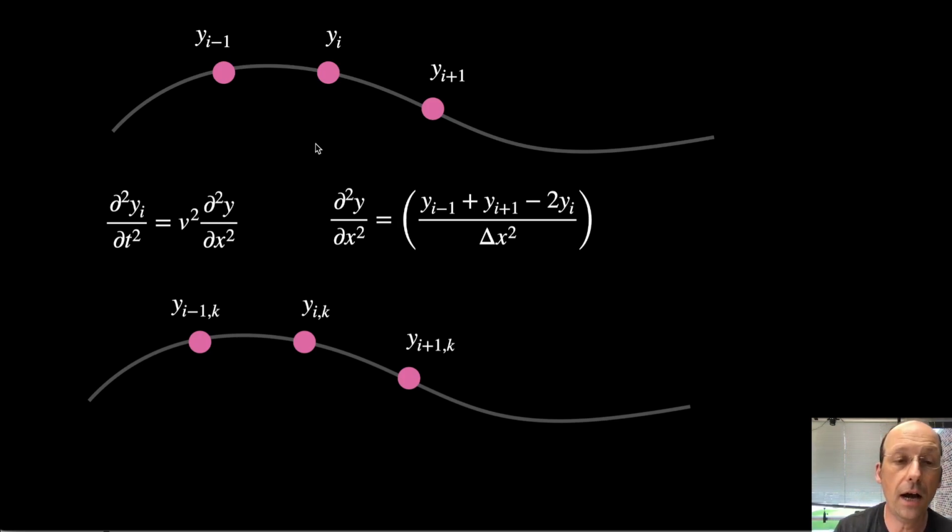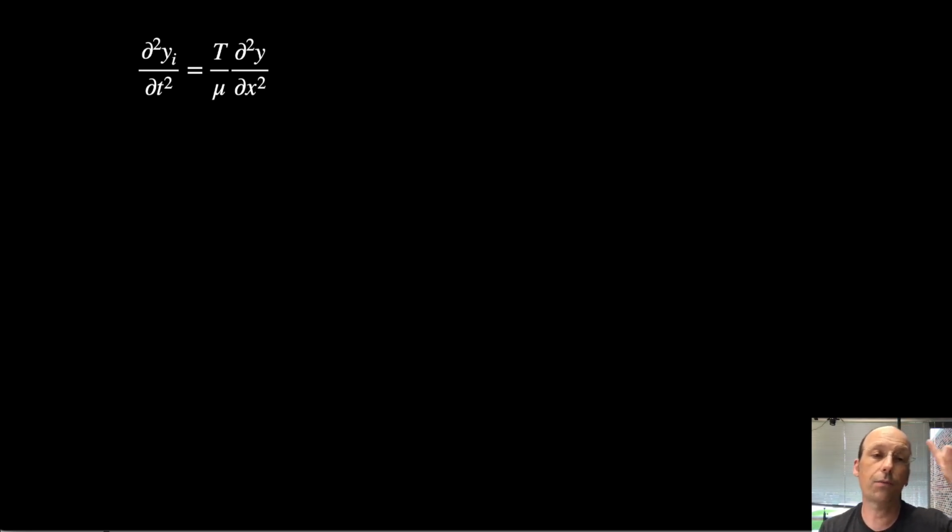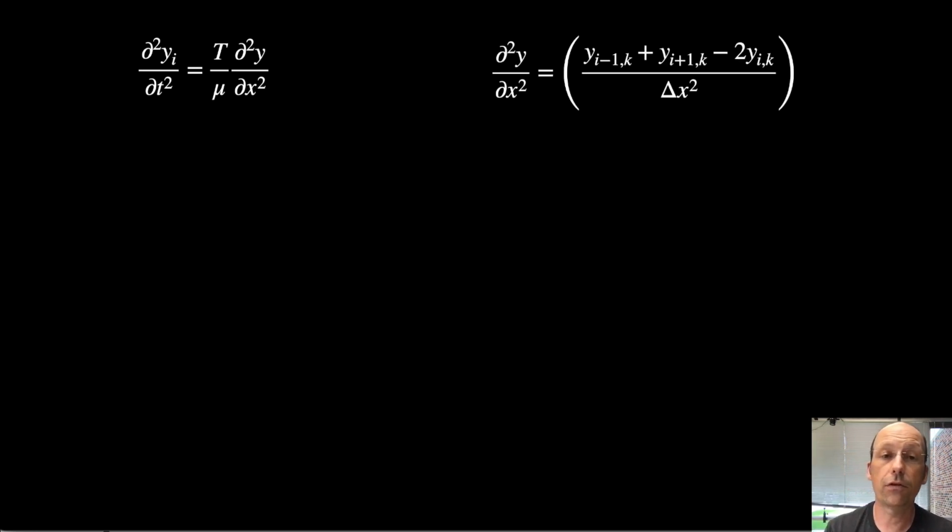These are all at the same time, so they all have the same time index k, k, k. Then I can write my wave equation, which is this. We've already derived that. I can write an expression for the partial derivative with respect to position as that, which I already did. Notice that it has the k in there now. So I have i and k indices.